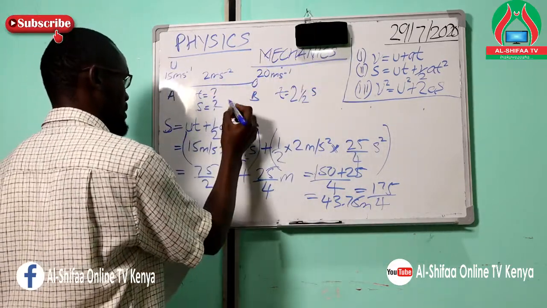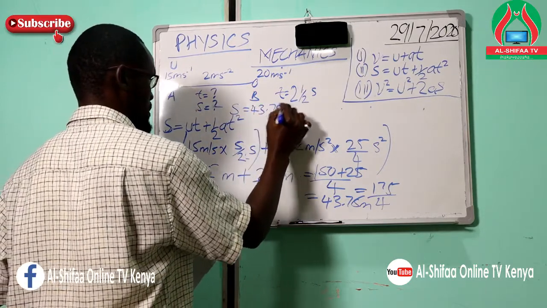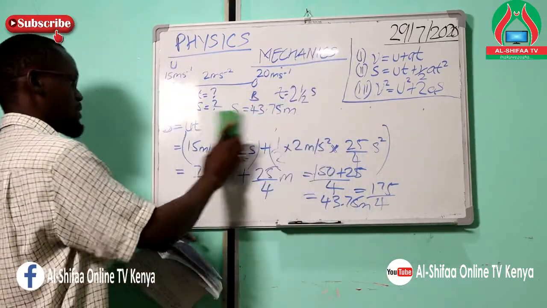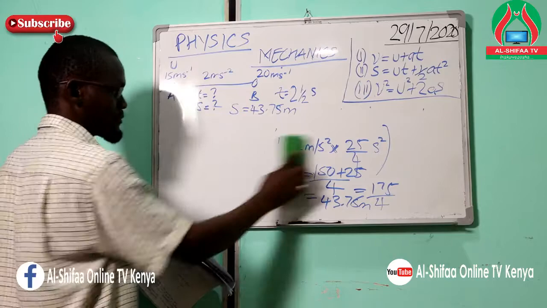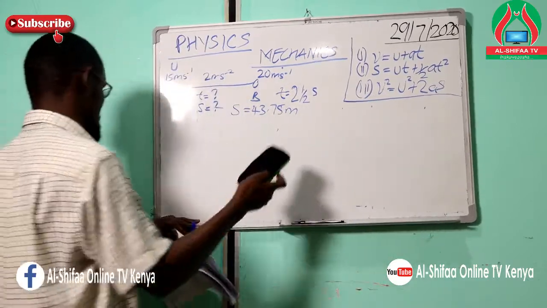We have got that our S is 43.75 meters. Let's look at the third equation and see if it also gives us the same answer.